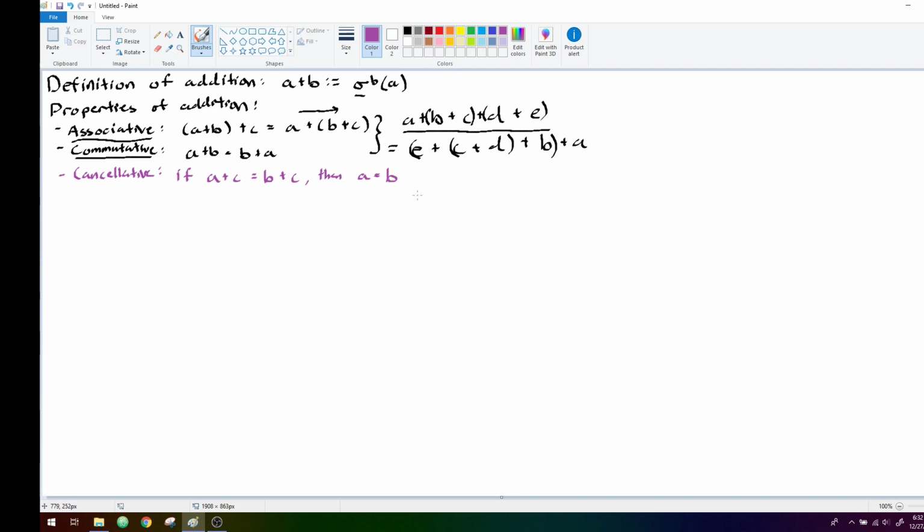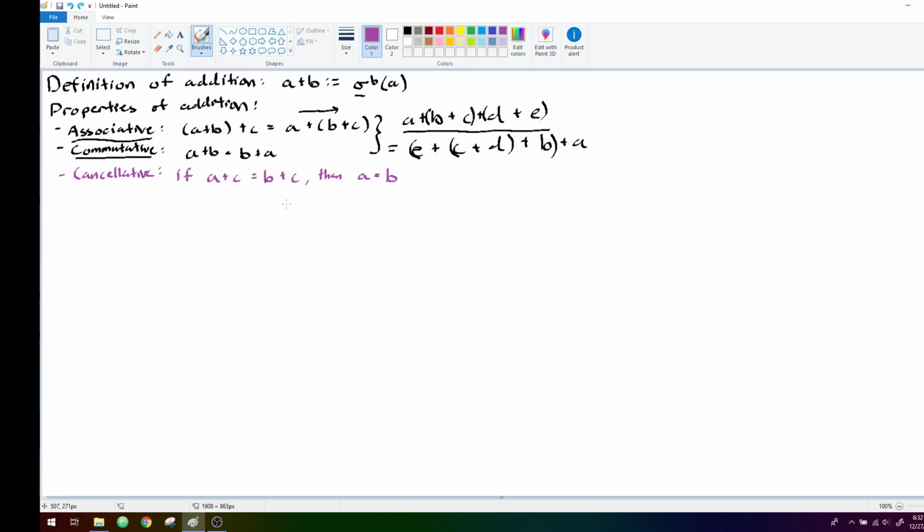Now, from the fact that we've probably all taken middle school or grade school algebra, you might say that, oh, that's easy to prove, just subtract c from both sides. Well, the problem is we haven't defined subtraction yet. We haven't defined the notion of negative numbers, though we will. And in fact, it's entirely possible to prove this cancellative law for an algebraic system that doesn't have the notion of subtraction or negatives, like addition on the natural numbers.